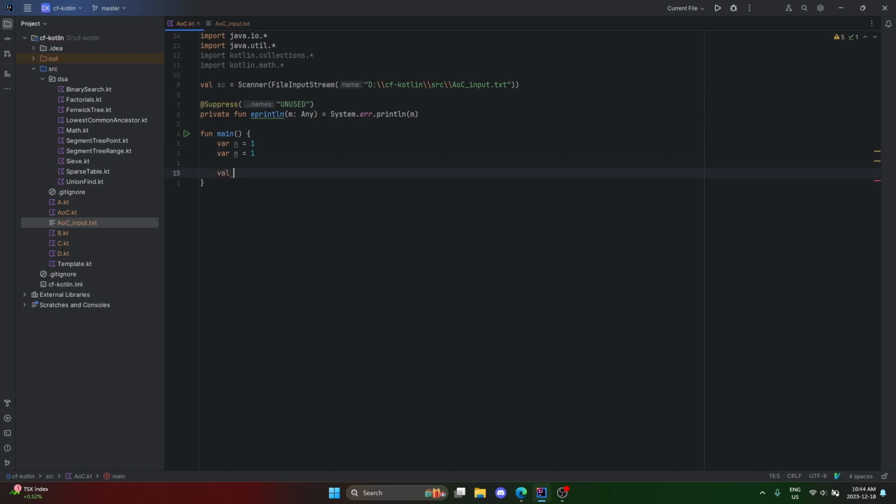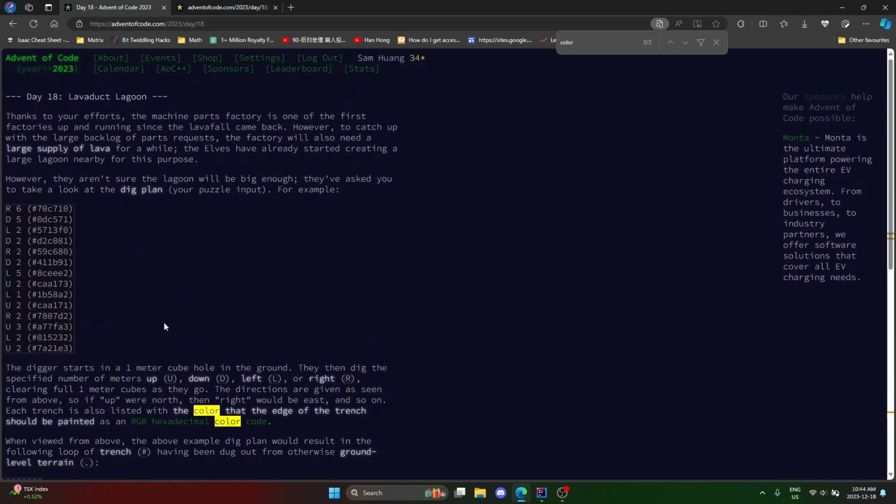I guess I'll do a hash map of... So if it's right, I'll do... what?